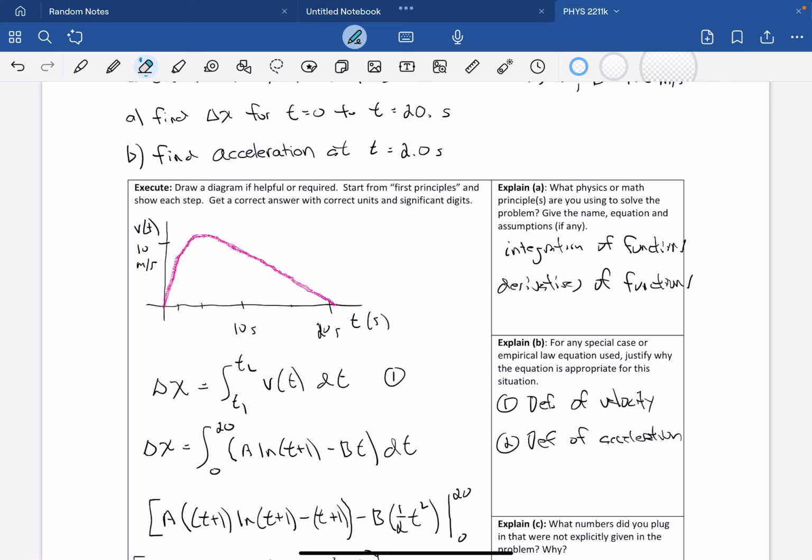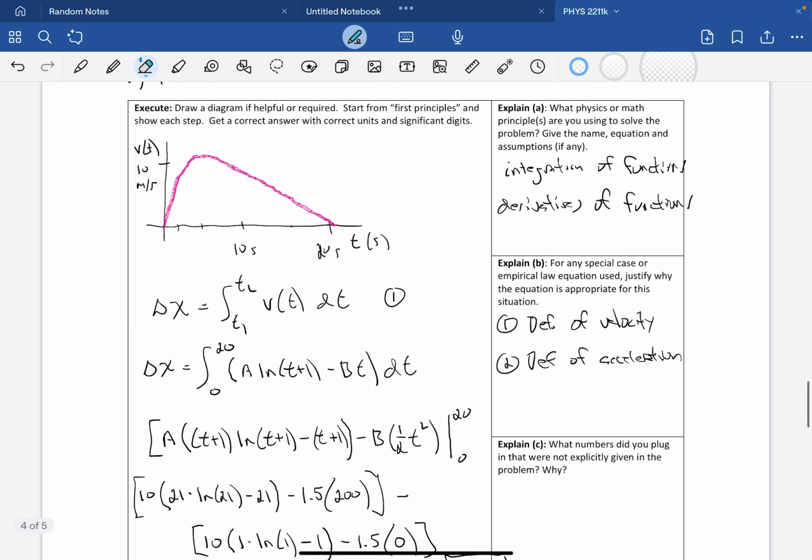But we need to always start at the beginning of the problem. We can't start with a memorized equation that gives us the answer right away. We usually have to do some deriving. So we're going to start from a first principle, show each step, and get the correct answer with the correct units and the correct significant digits. And that's the part of solving a problem you're probably used to.